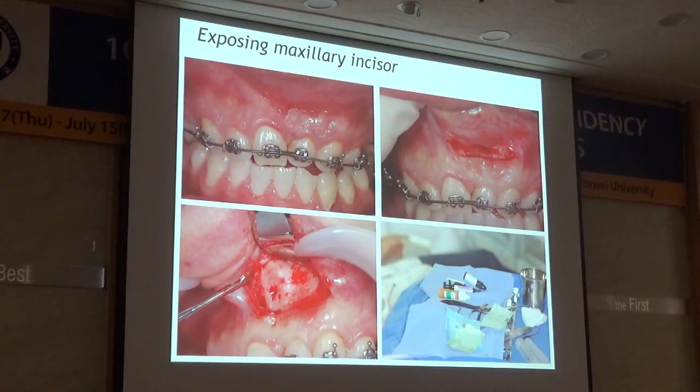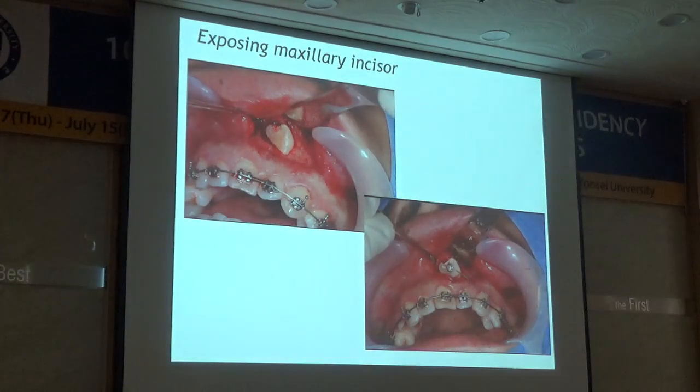We made a vestibular incision like this one and opened the bone, and you can see this one, right? An impacted tooth may be in a poor situation in the bone. There may be a defect on the crown side, so there may be a chance of additional treatment, such as lesion filling.